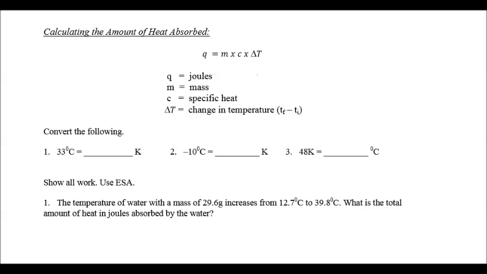So let's start the worksheet and do a couple of conversions. Kelvin equals Celsius plus 273. So 33 plus 273 would be 306 Kelvin. Minus 10 plus 273 would be 263 Kelvin.